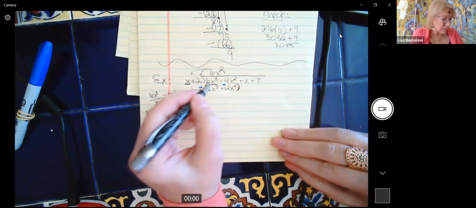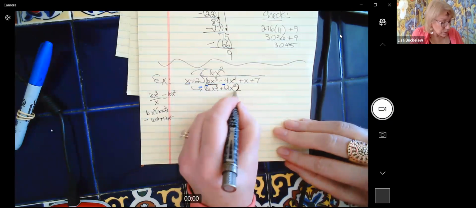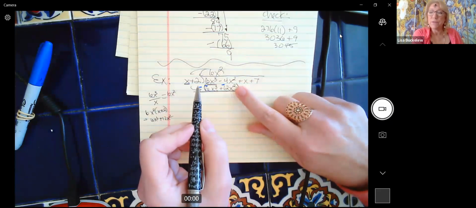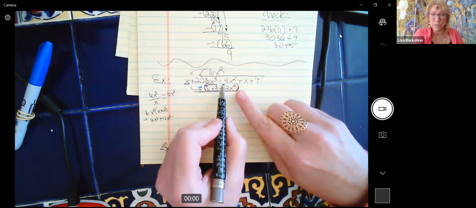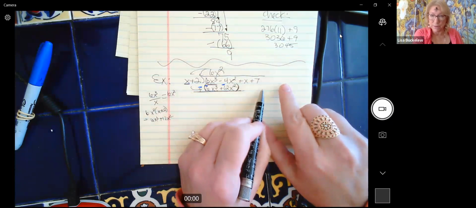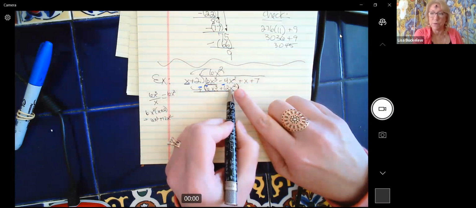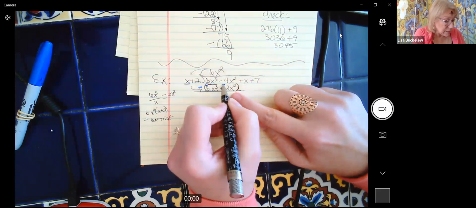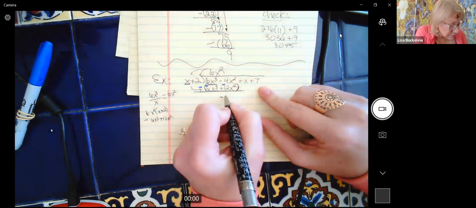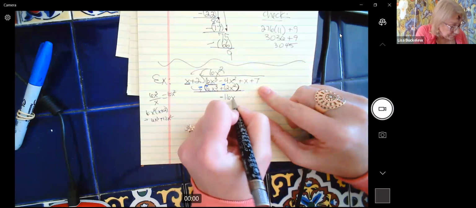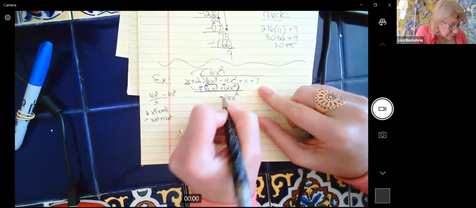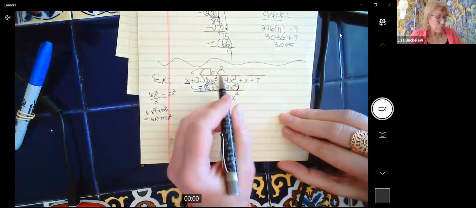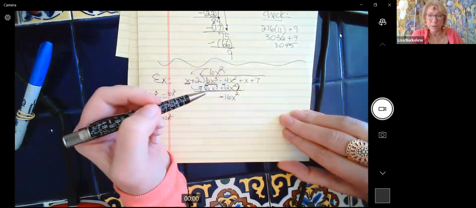So 6x cubed minus 6x cubed, 0. And then this is what you're really trying to calculate, is the result on these like terms here. Always, if you're doing this properly, your like terms should exactly line up on top of each other. You shouldn't have a cubic stacked up over a squared. All right, so we're going to do negative 4x squared plus negative 12x squared. That's going to give us a negative 16x squared. Okay. All right. So now we have, that's what we got as our sort of remainder in the middle row.